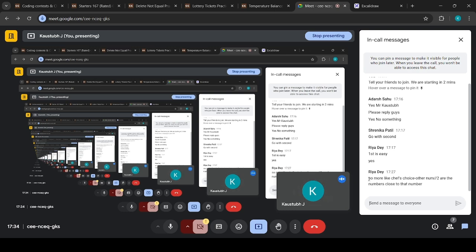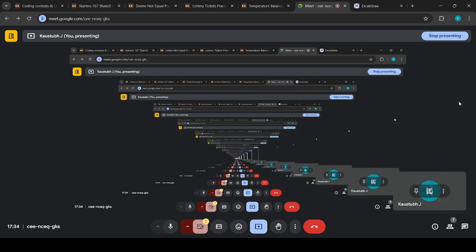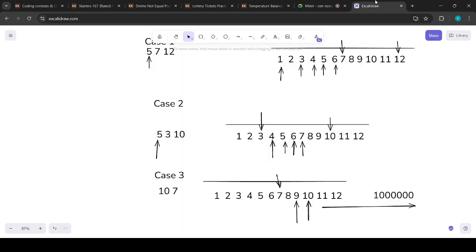Okay. Yes. So more like choosing the numbers close to that. Yes, you are right that we can take the numbers, though I'm not actually saying num divided by 2, you are saying. May I explain my point? Okay. Suppose the number is not the maximum nor the minimum, and it is lying in the middle.